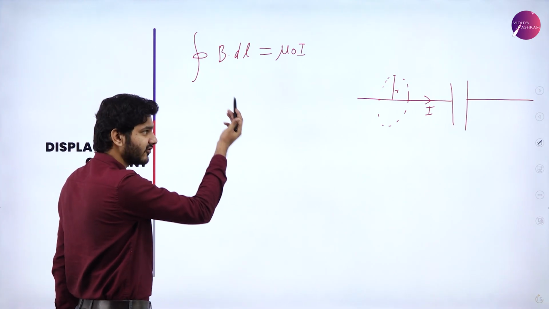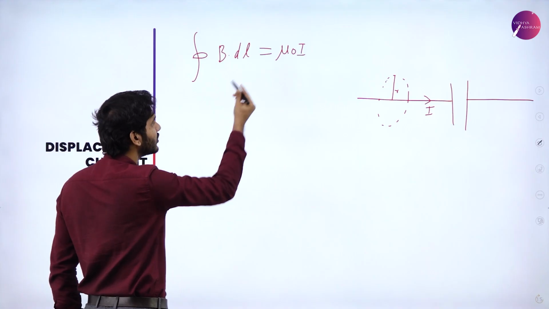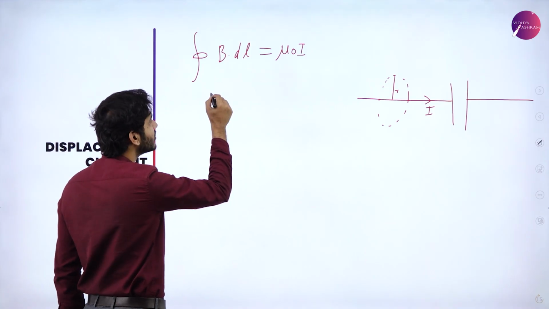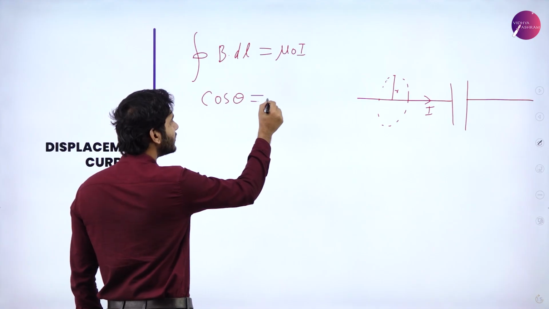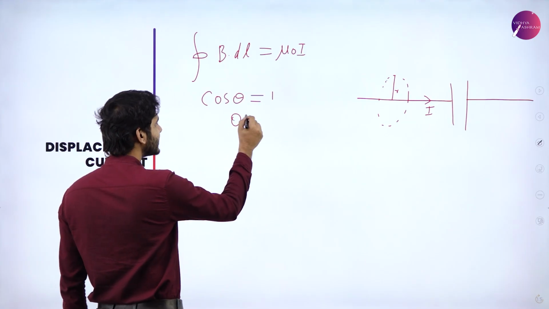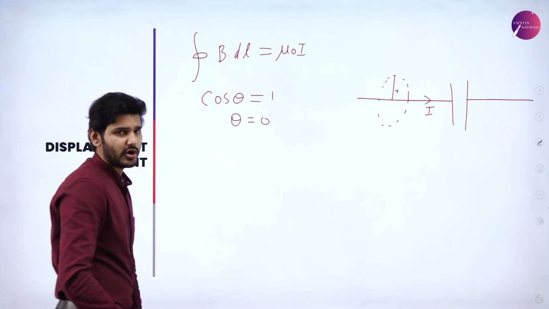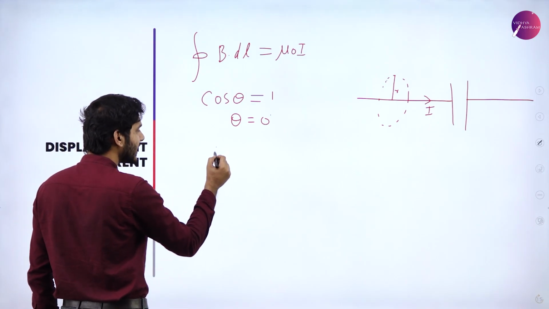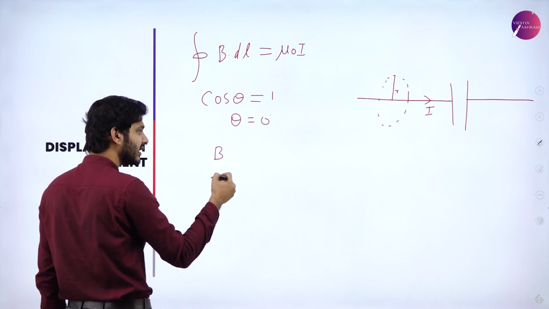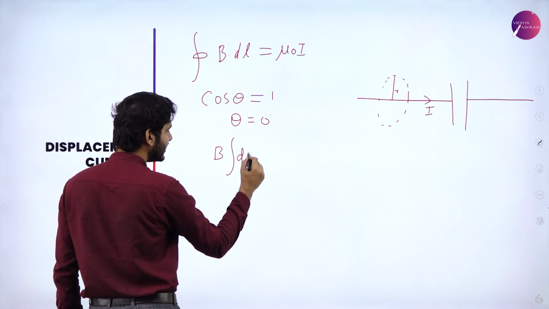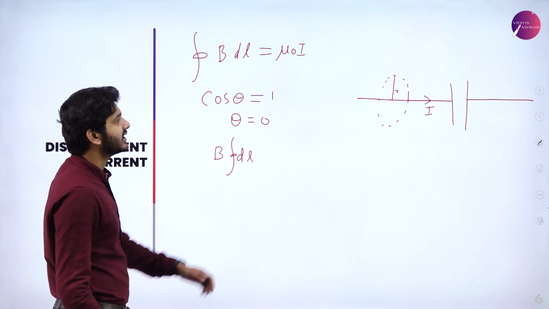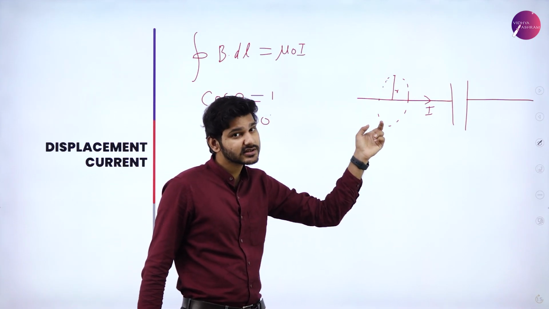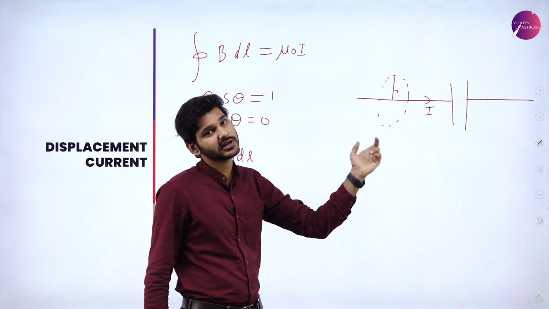So again, if I do this calculation, cos theta will be equal to 1, which means theta is equal to 0 degrees. Automatically it's understood, and then B dot dl becomes integral dl. Now, integral dl is nothing but the circumference of this circle.